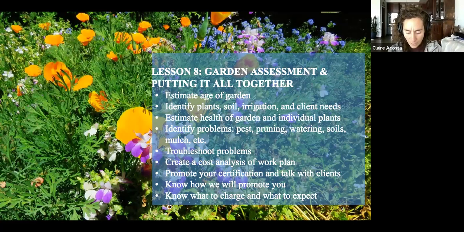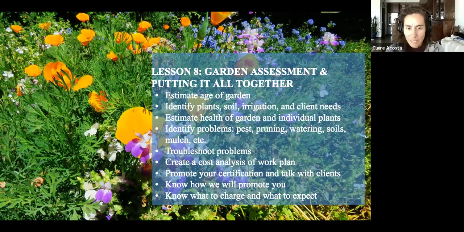So today, the first two points really are talking about the garden assessment, assessing a garden when you first show up, and then assessing it including all the topics that we've covered for the last seven classes.